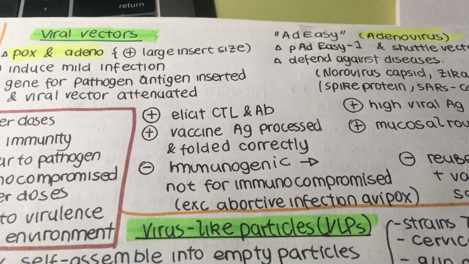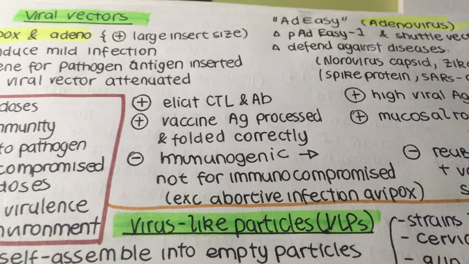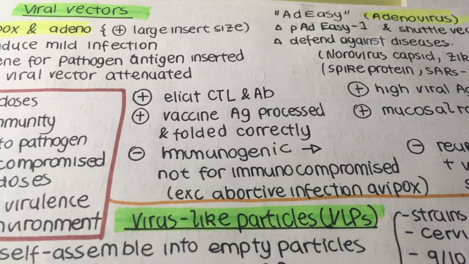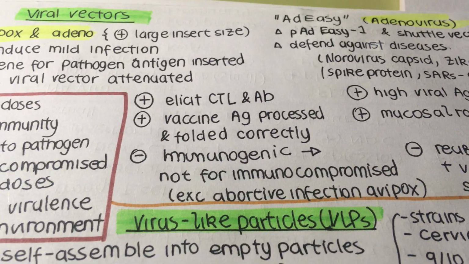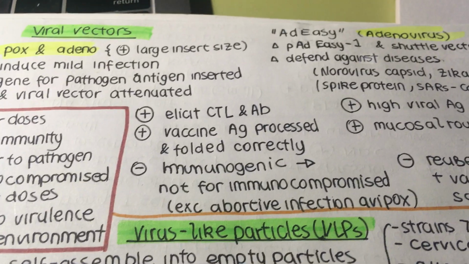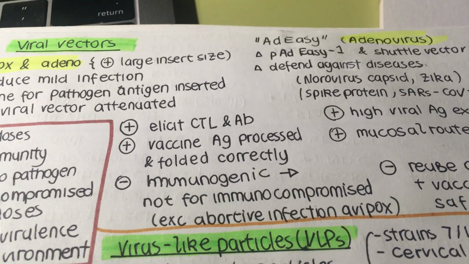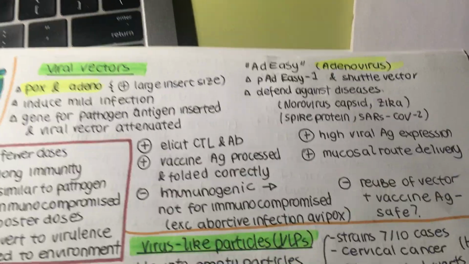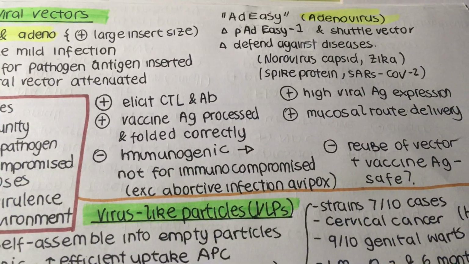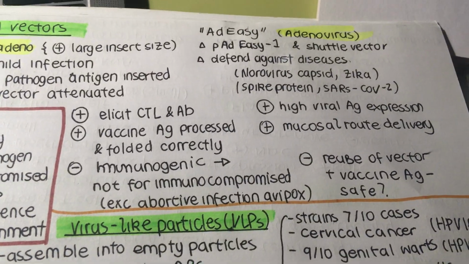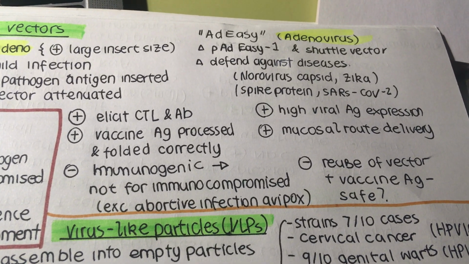The advantages of viral vectors being used as vaccines is that they are immunogenic, which means that they can elicit high titers of antibody and cytotoxic lymphocyte response. It also means that there is high viral antigen expression. You can get mucosal route delivery.